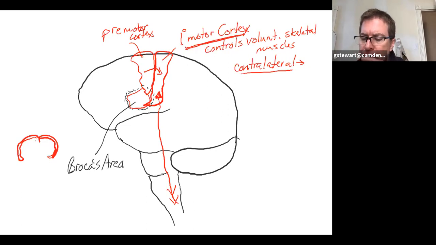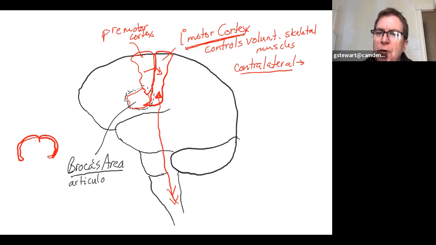Broca's area specifically is in the left hemisphere only, not on both sides, and it controls speech articulation. That means it helps us pronounce and actually speak words. So it's a highly developed motor area.